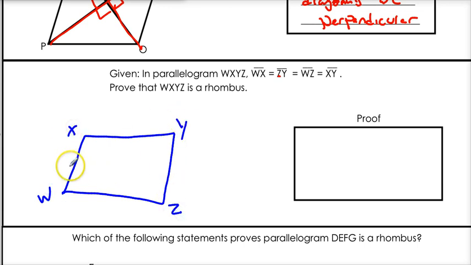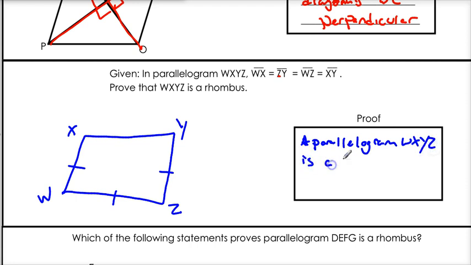And we know WX is congruent to ZY, which is congruent to WZ, which is congruent to XY. They are all congruent to each other. So how do I know this is a rhombus? Well, this is a rhombus because, let's be clear here, parallelogram WXYZ is a rhombus.